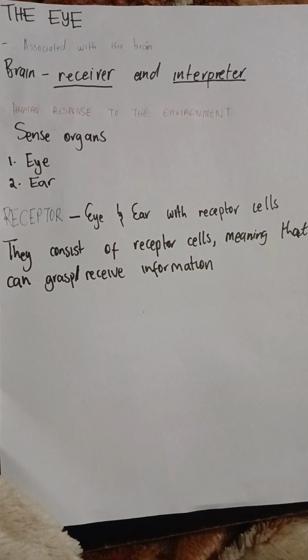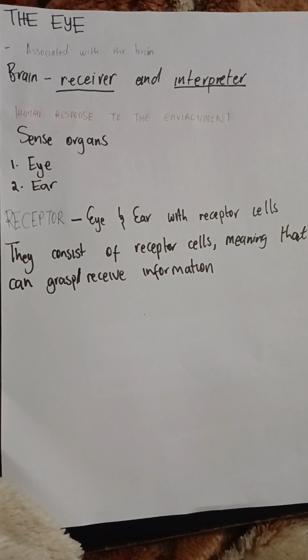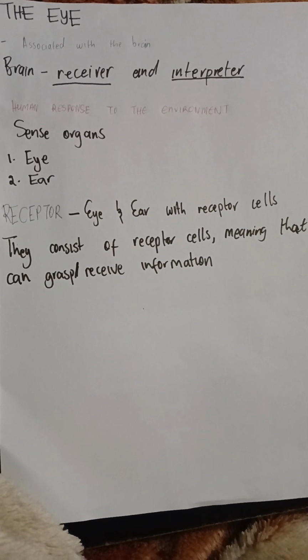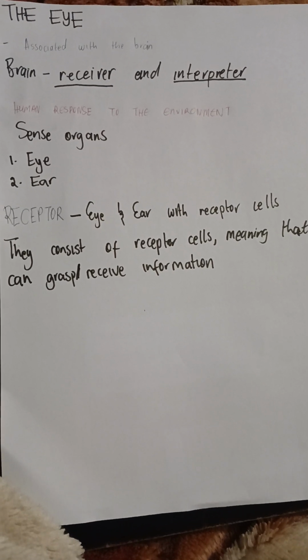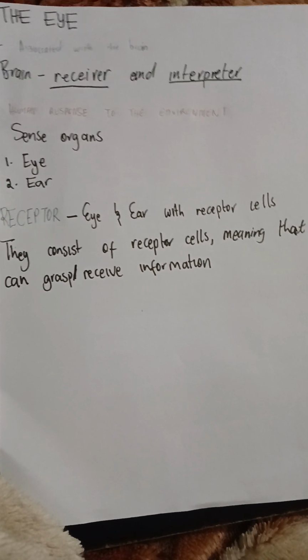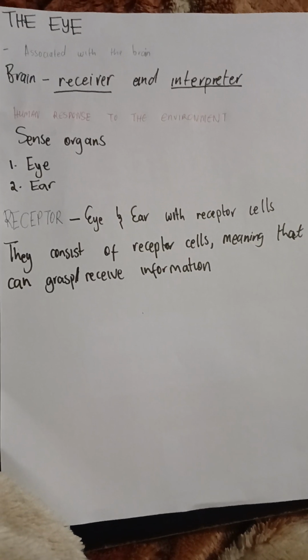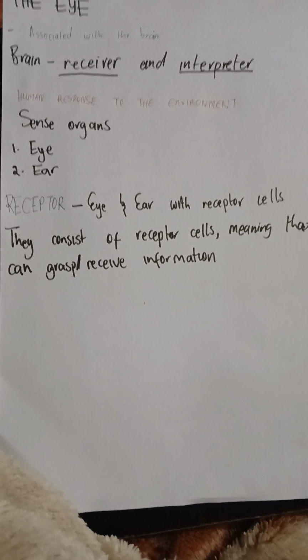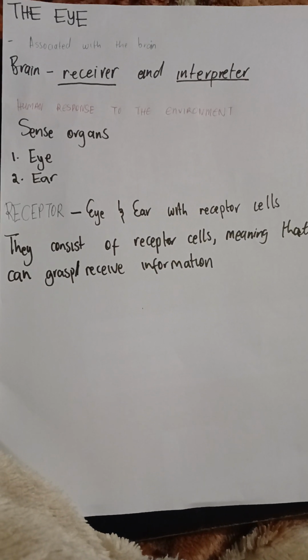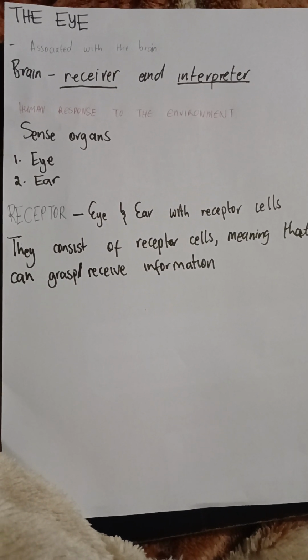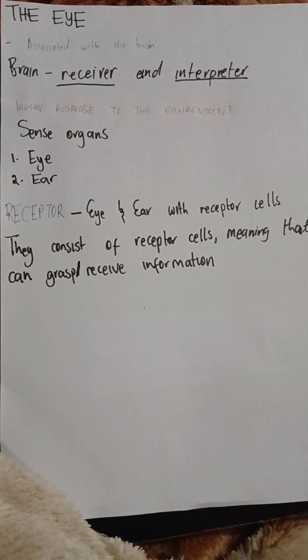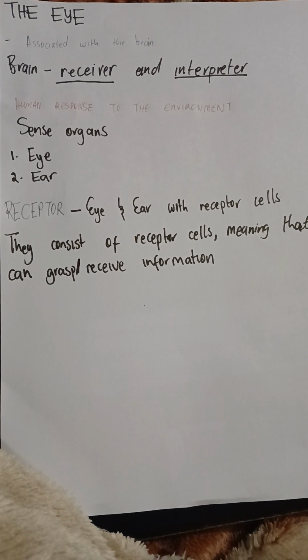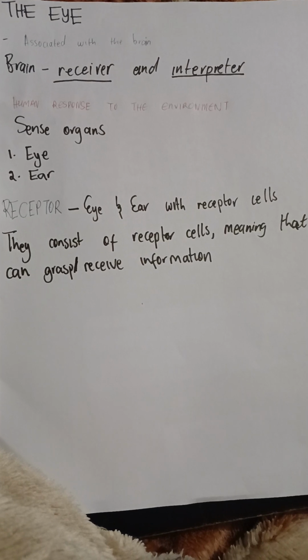The eye and the ear are the receptors, because those are the first things that we see in the external. But these have receptor cells within them. These receptor cells are the sensors that take the information somewhere else before it can be interpreted and overlaid with the response.